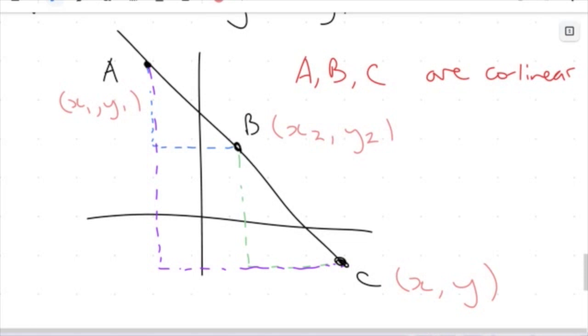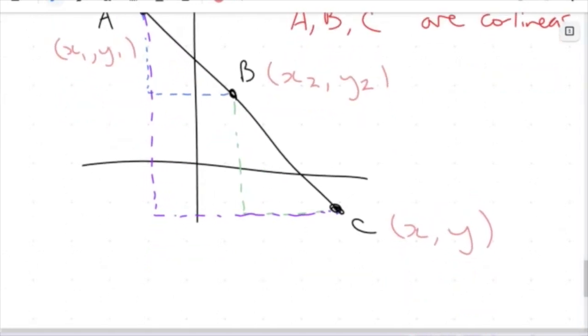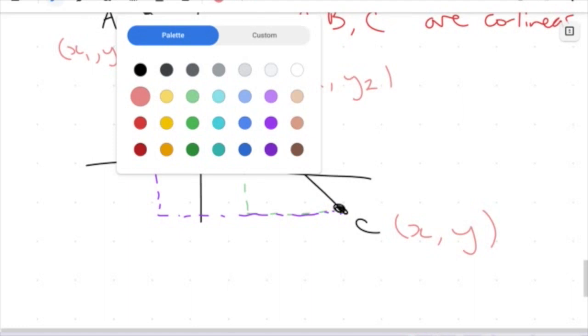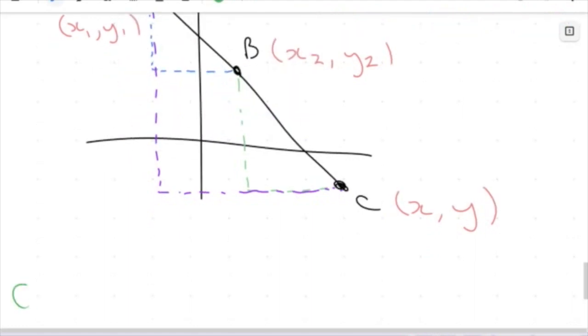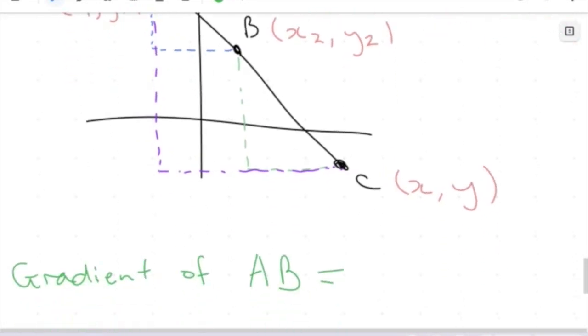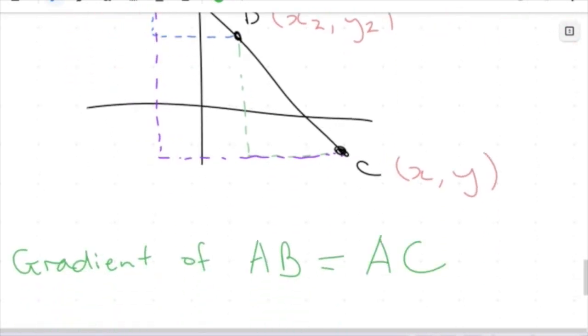Well, we just talked about that these are exactly the same. So, for example, I can make a claim that the gradient of joining the points A to B is going to be equal to the gradient, for example, of A and C.